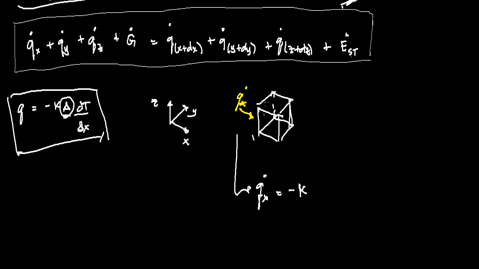What is our A here? If we take a look at this, the energy going into the system in the x direction, the area is this part.